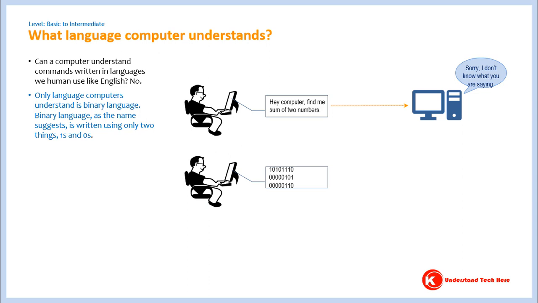Now, these ones and zeros go to the computer, and the computer understands that it has been instructed to add two numbers. To understand anything related to computers, you should very clearly understand binary code. If you don't have a clear understanding of binary code, I suggest you watch my video on this topic. I have included the link to the video in the description section below.